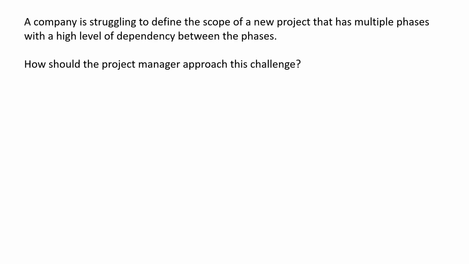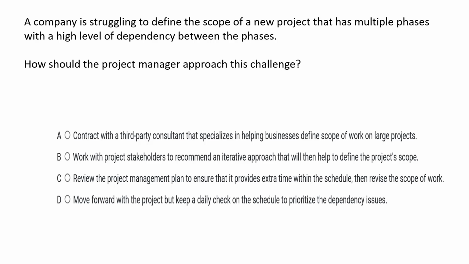Next question. A company is struggling to define the scope of a new project that has multiple phases with a high level of dependency between the phases. How should the project manager approach the challenge?